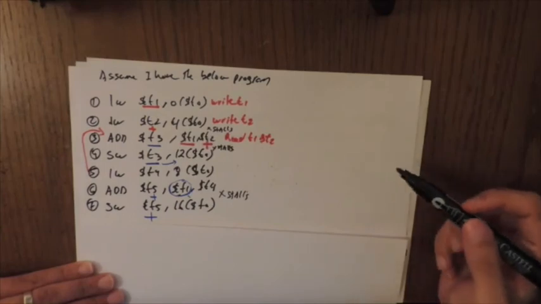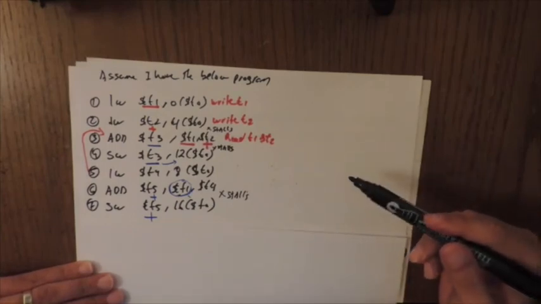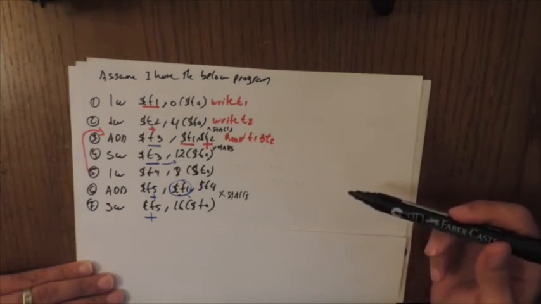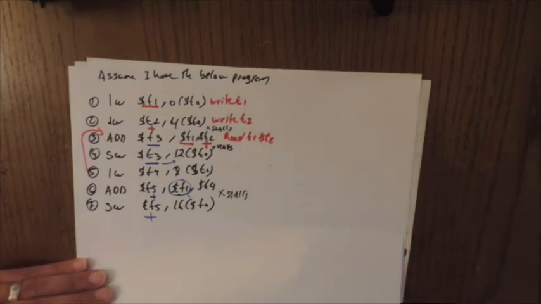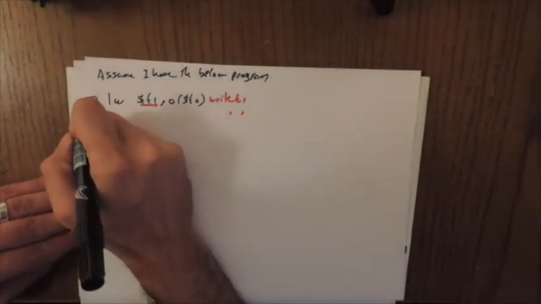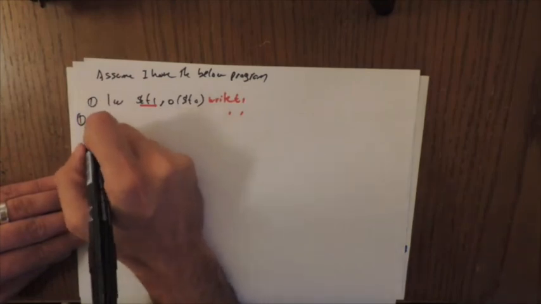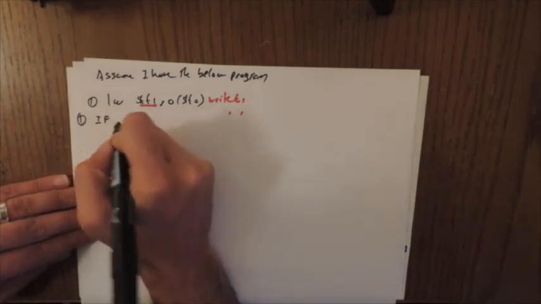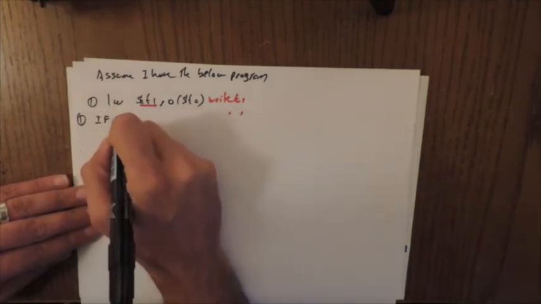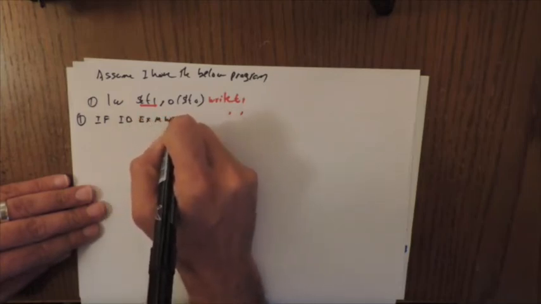Now, in order to know how many cycles I have, I will try and schedule this program in a 5-stage pipeline. So as we said, we start with the first instruction, 1, which is LW, and this will IF, ID, EX, memory, and write back.